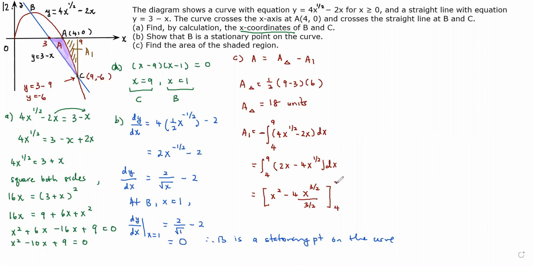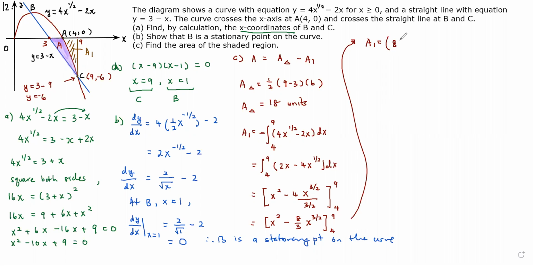We need to evaluate from 4 to 9. That gives us x squared minus 8 over 3 x to the 3 over 2, evaluated from 4 to 9. So for this area A1, replace x with 9.